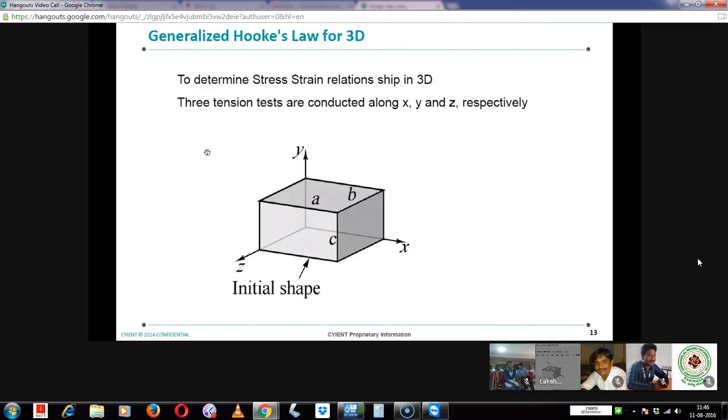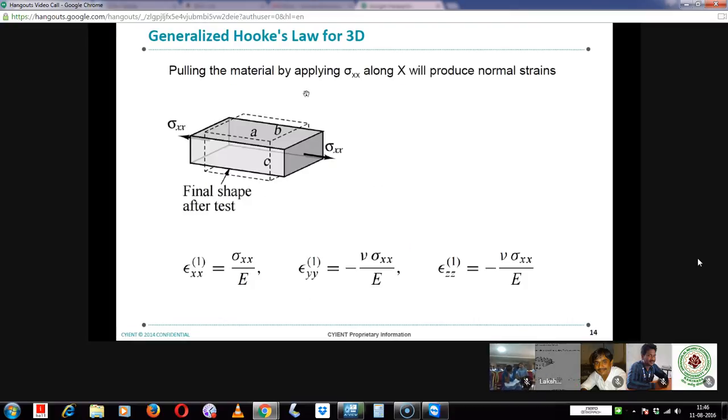To generalize, we use Hooke's law to determine stress-strain relationships in 3D also. To understand, let us look into three tensile tests conducted along the X, Y, and Z directions. Let us consider a material being pulled along the X direction with a stress of sigma xx.